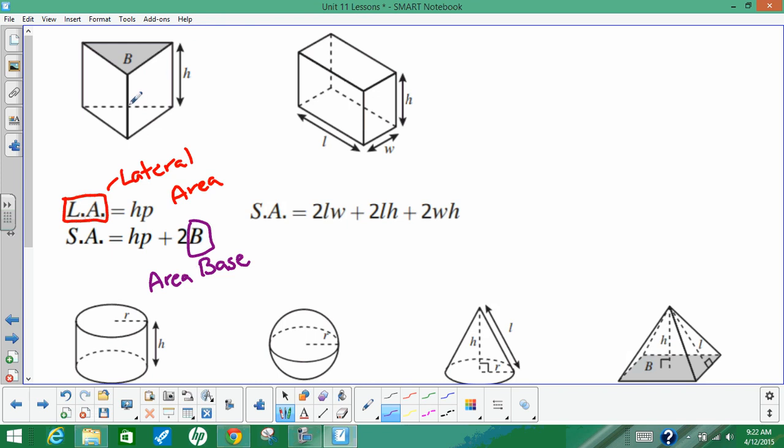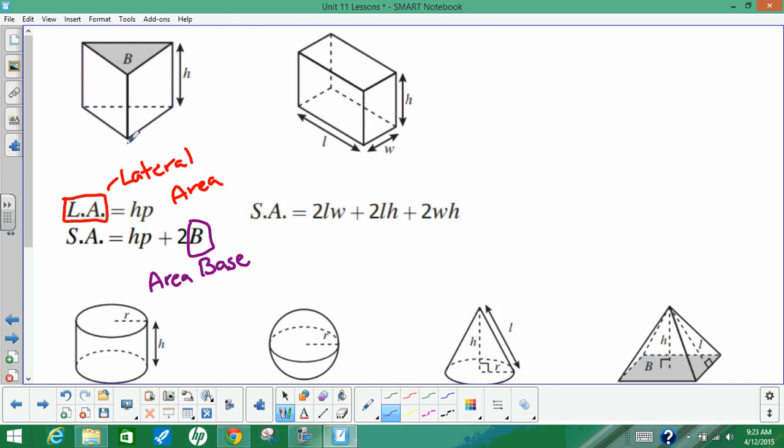The lateral area is all of the surface area that doesn't include the area of the base. So it's as if this were an open box and I took the top off and the bottom off, and all I needed to do was cover the three sides. That's what the lateral area is.